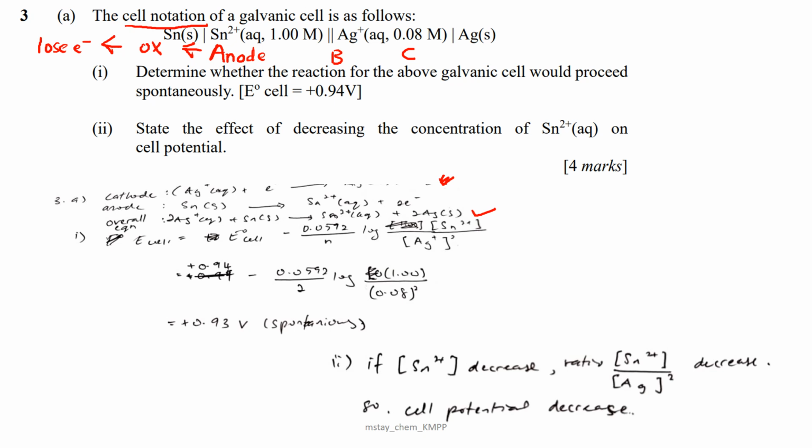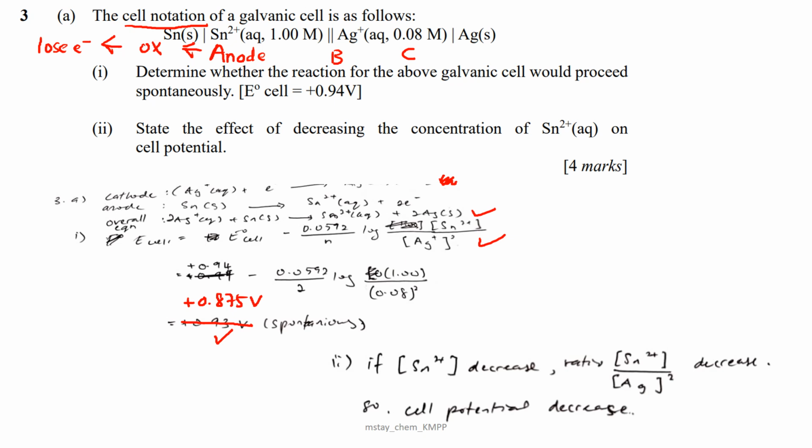So 1 mark for the overall equation, and 1 mark for the Nernst equation. Then when you press the calculator, I think the answer is not positive 0.93, but positive 0.875 V. So this value 0.875 should get 1 mark.